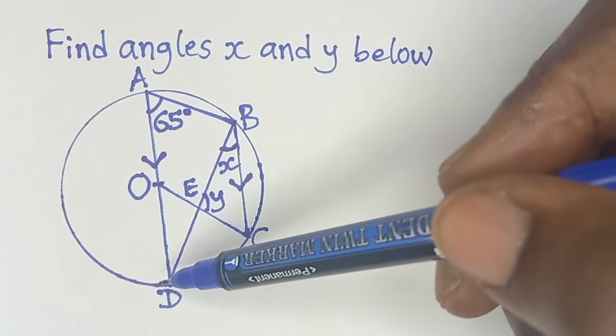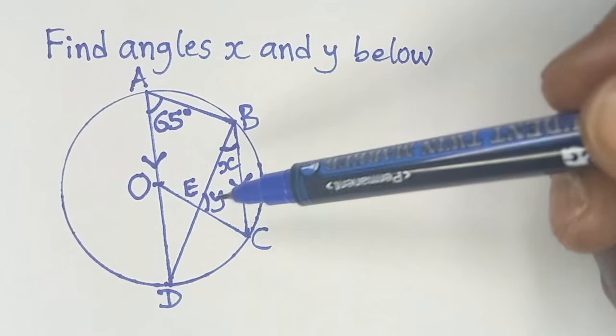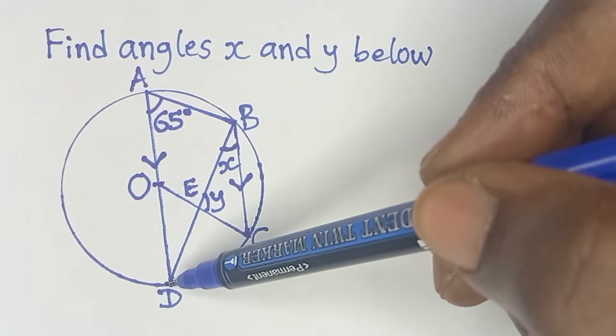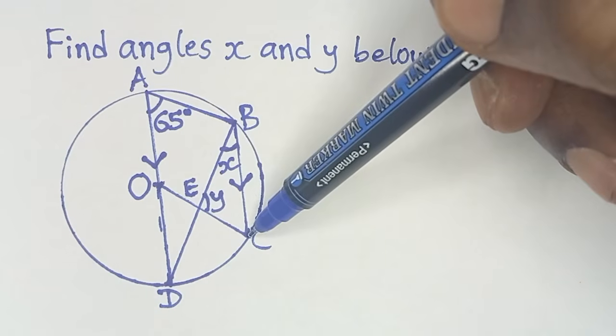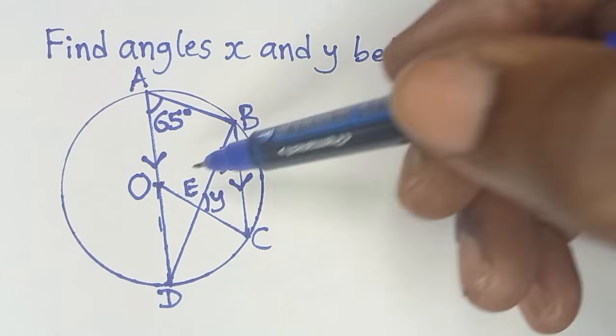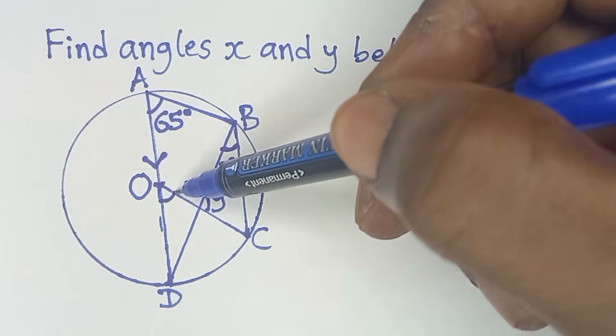Similarly, from the same points D and C, I have another two lines going to the center. So this is a line from D going to the center of the circle, and another line from C going to the center of the circle. Together they form this angle at the center.